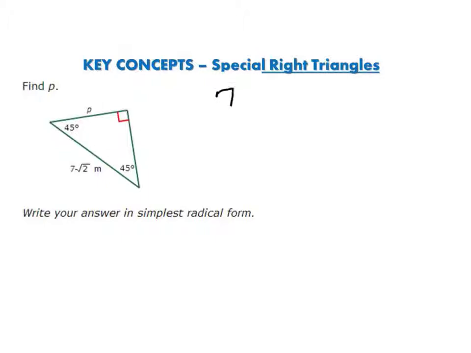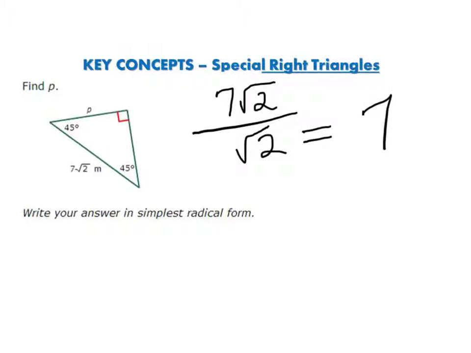So you would put it in as 7 rad 2 divided by the square root of 2. And when you do that, you're going to get 7. So the length of the legs of this right triangle would be 7 meters.